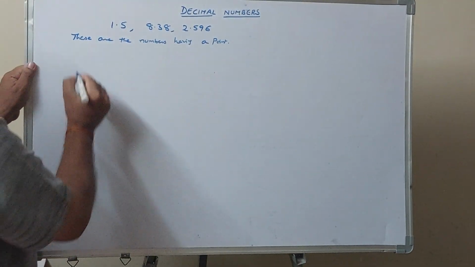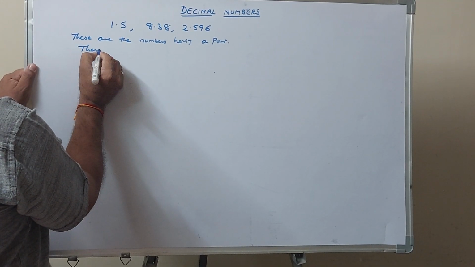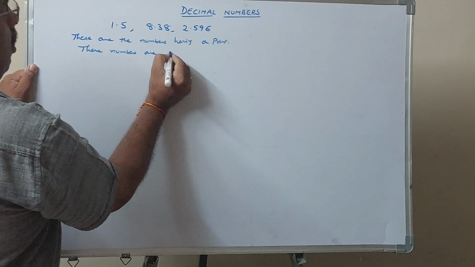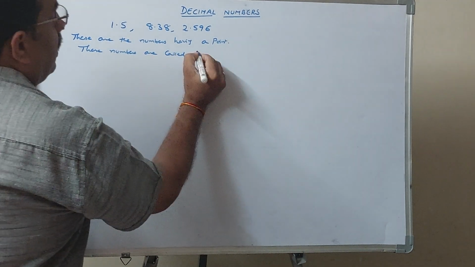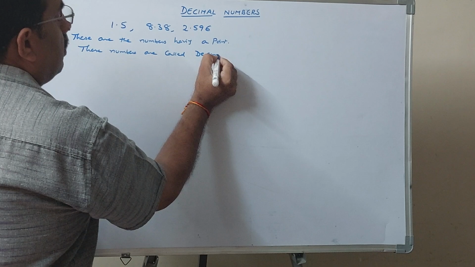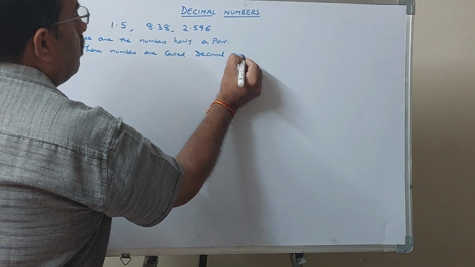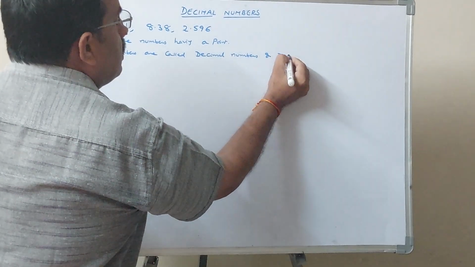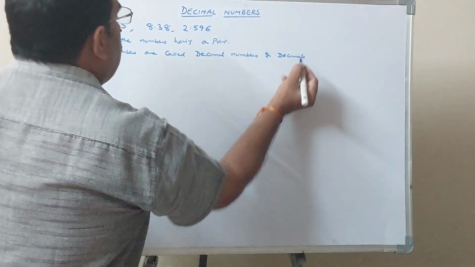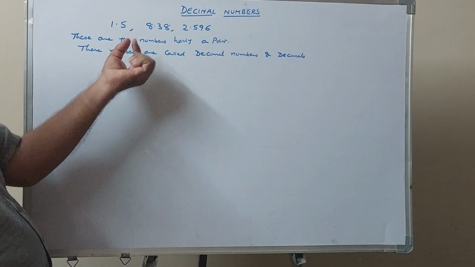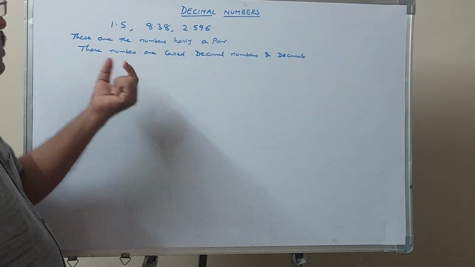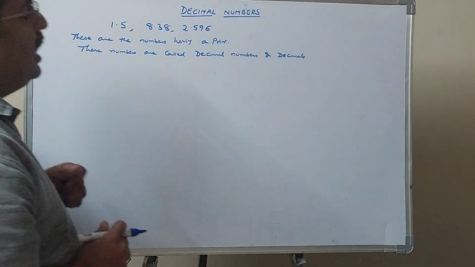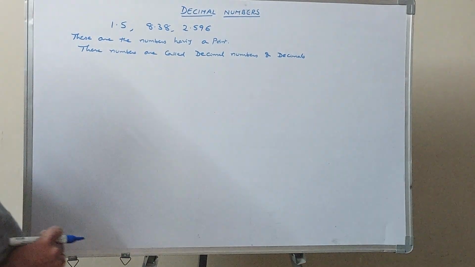These numbers are called decimal numbers, or simply decimals. Okay, 1.5, 8.38, 2.5, all these are numbers having a point. These numbers are called decimal numbers or simply decimals.